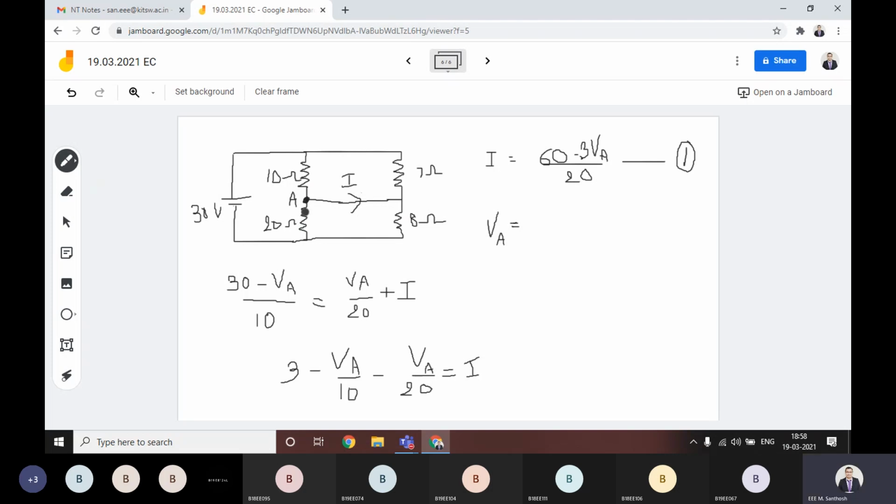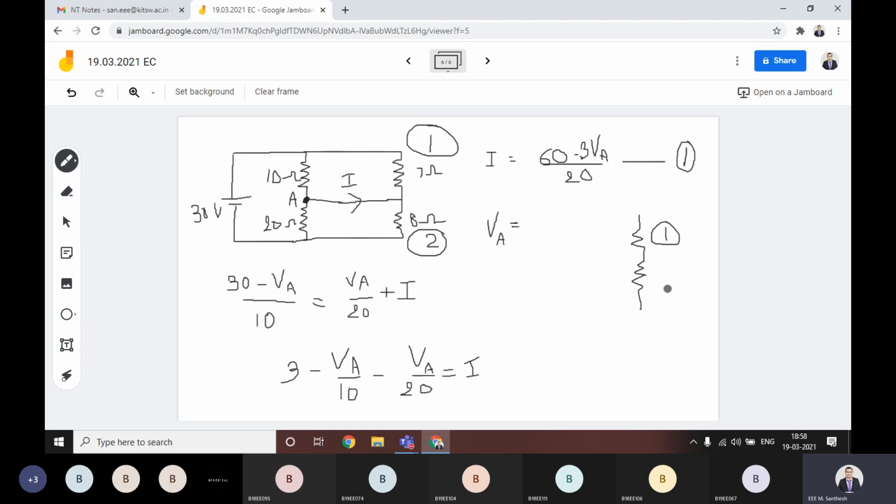Getting everyone? Then if this combination is one resistor and this combination is another resistor, suppose this first combination I am talking about is 1 and this parallel combination is 2, the second resistor.